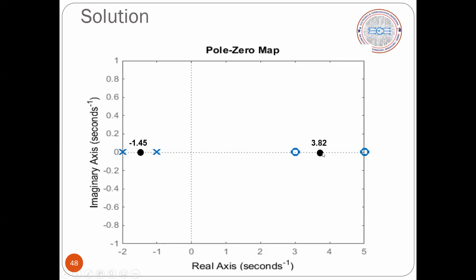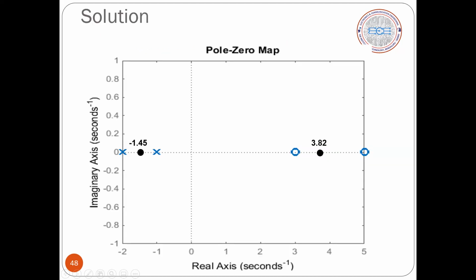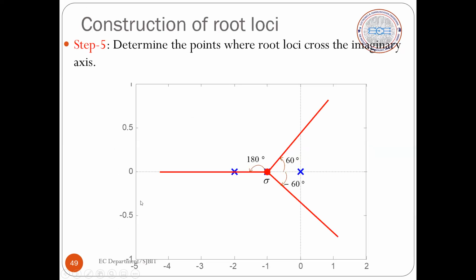Between 2 zeros, there always exists a break-in point. Between 2 poles, there exists a breakaway point. So we have calculated here the 2 roots of the equation, minus 1.45 and 3.82. For this particular problem, both are valid breakaway and break-in points, which we have identified and completed.